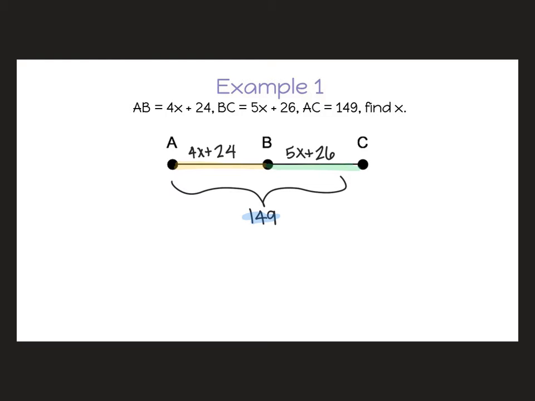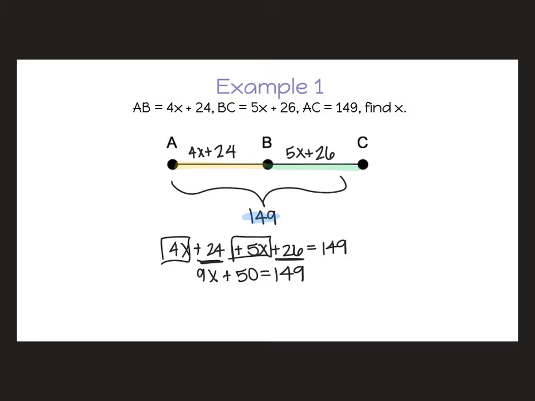So 4x plus 24 plus 5x plus 26 equals 149 would be my equation. I can combine my like terms, so 4x plus 5x, 24 plus 26 equals 149.